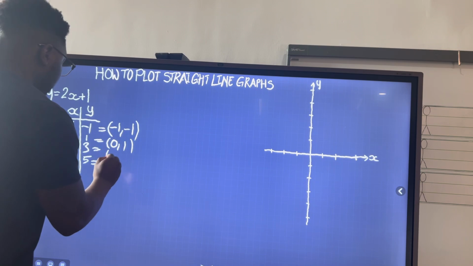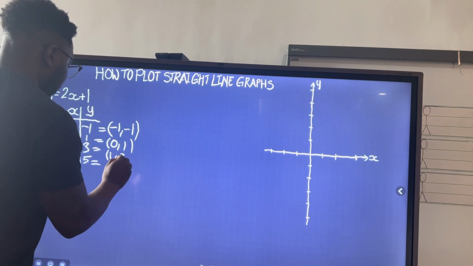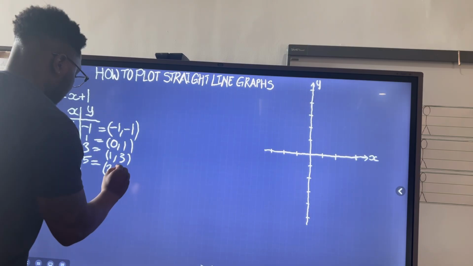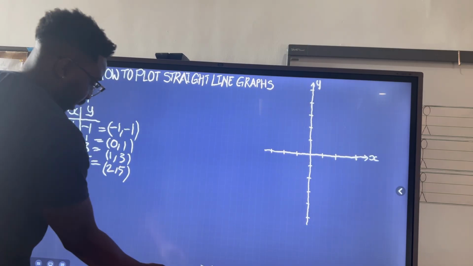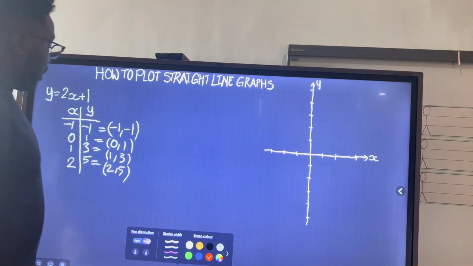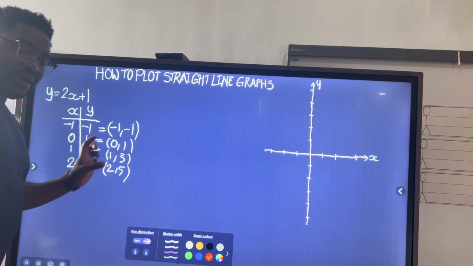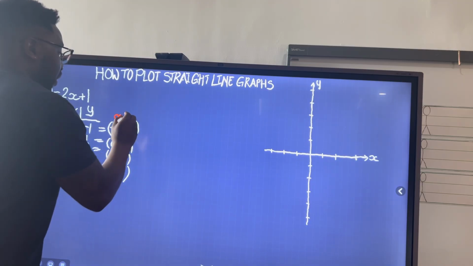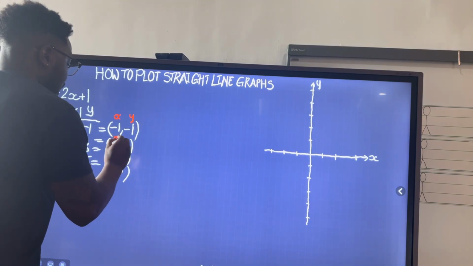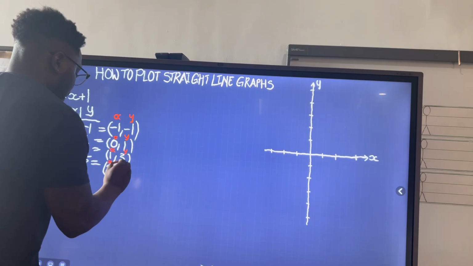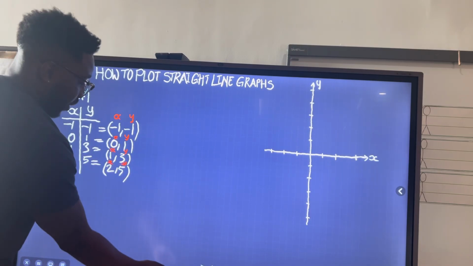My third is 1, comma, positive 3. My fourth, 2, comma, positive 5. Something that you have to remember is that this is my x value and this is my y value, x value and y value over there.